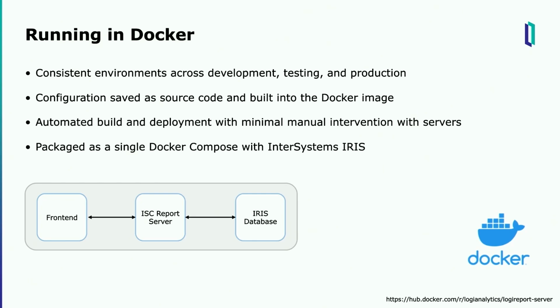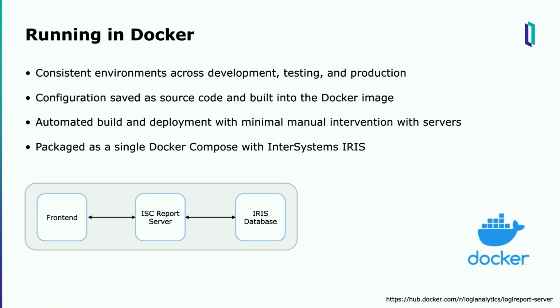First of all, it ensures consistency across all of our environments, which normally include development, testing or staging, and production. The second benefit is that we can store the configurations, the settings, and even the report files in our source control systems like Git.